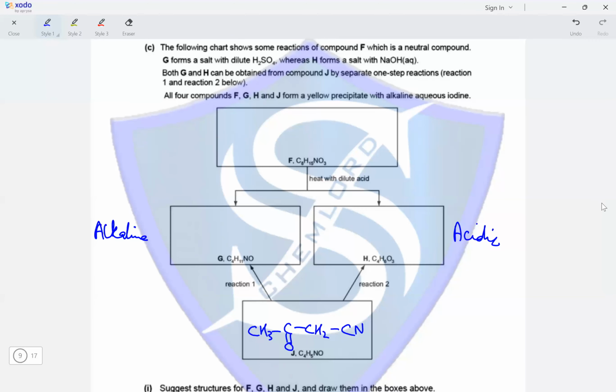And this makes sense because a nitrile can be oxidized into a carboxylic acid and it can be reduced into an amine. So H is CH3 C double bond O CH2 C double bond OH, which is acidic.